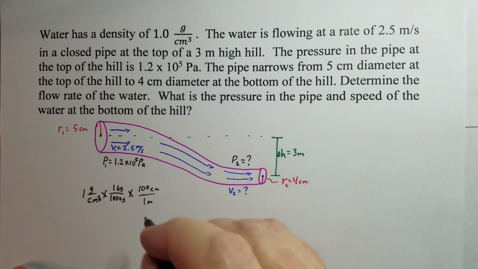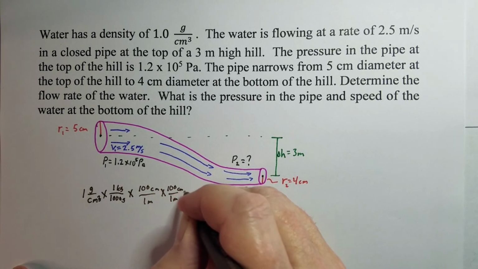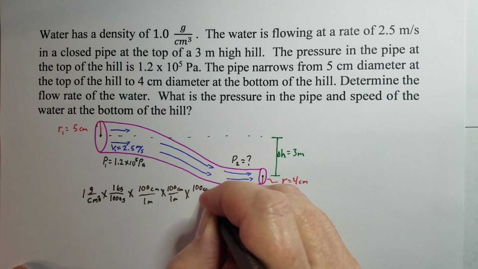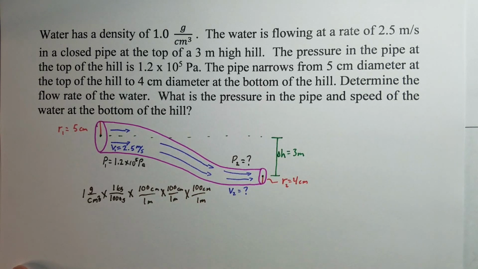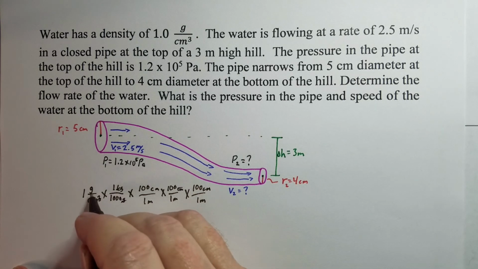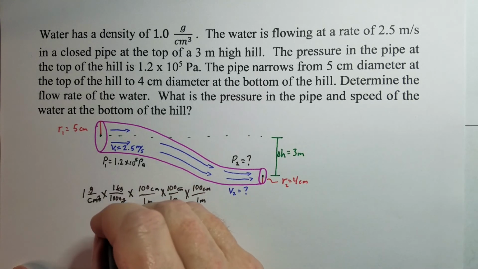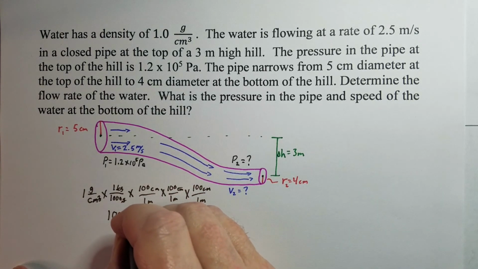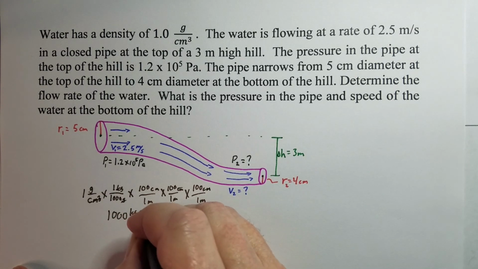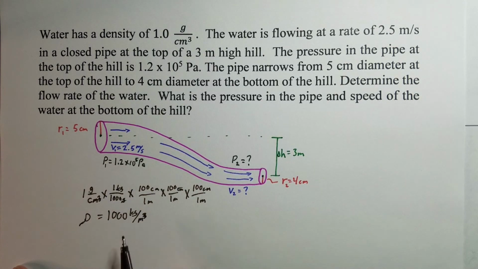And so we need a total of 3 of those in order to completely cancel out that unit. So these 3 cancel out the cube at the bottom, and these grams cancel out those, and just leave us with kilograms per meter cubed. And that ends up being 1,000 kilograms per meter cubed is the density of water in those units. So we just have to convert.